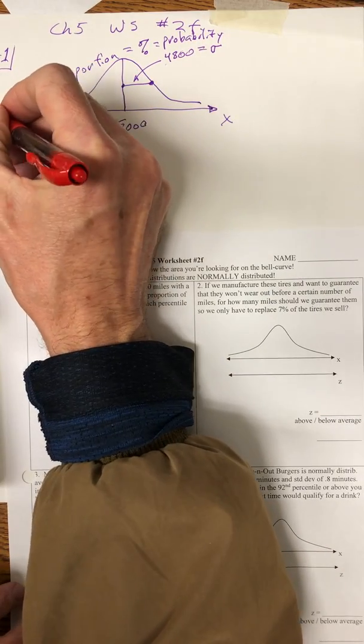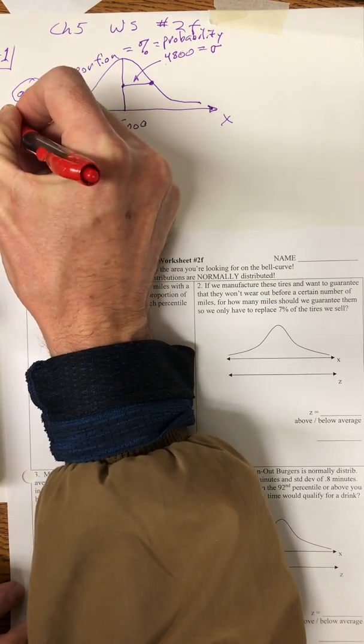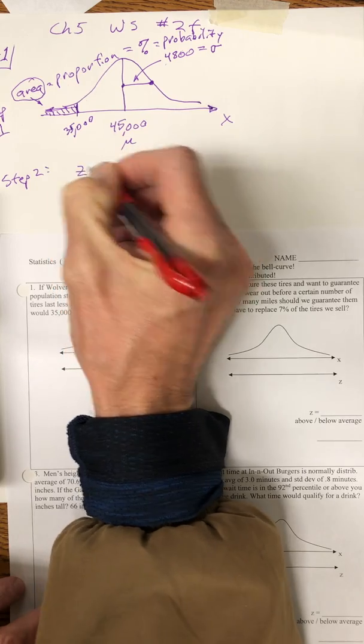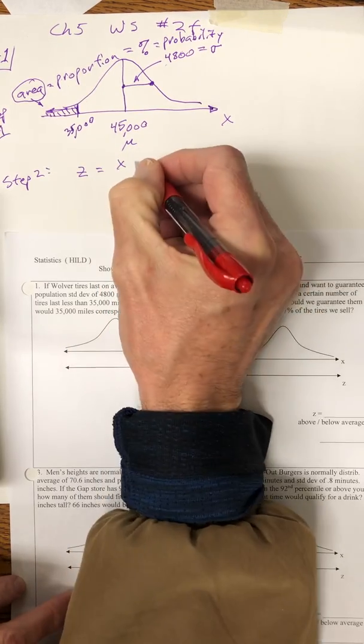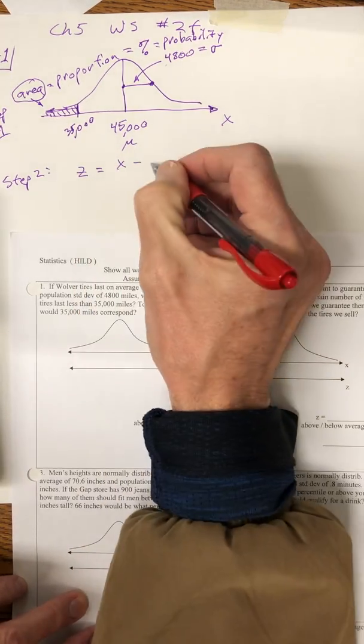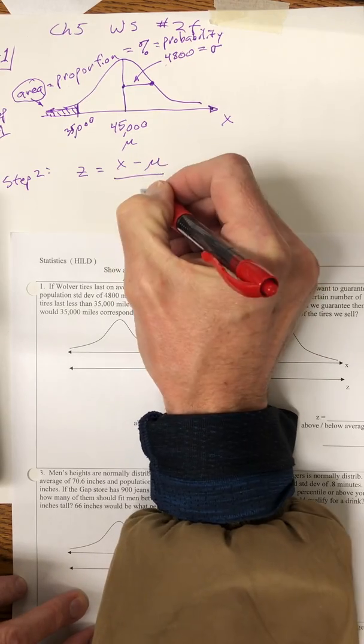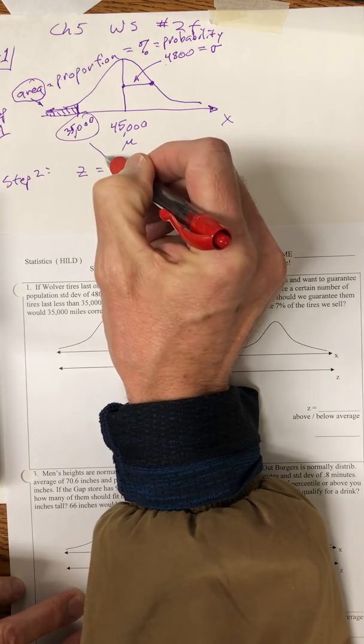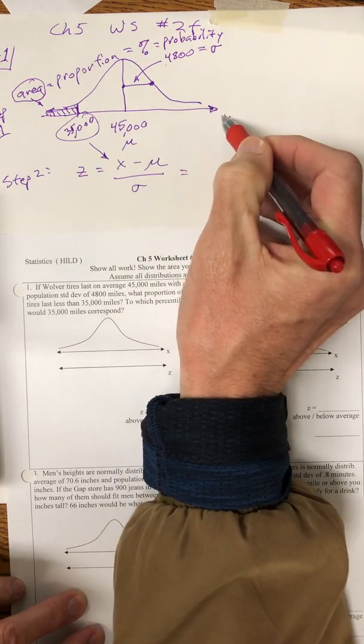The way we do that is, step 1, draw the picture. Step 2 is to use the Z formula. The Z formula from the back of your formula sheet is x minus mu divided by sigma. X is going to be 35,000 miles. This is the x-axis, remember.